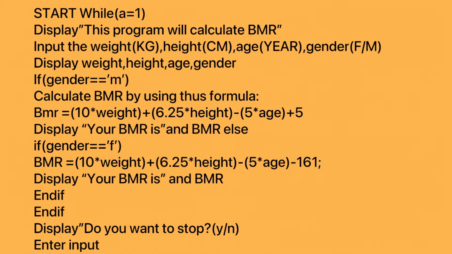Or if the user chose female, then it will compute 10 times weight plus 6.25 times height minus 5 multiplied with age minus 161. Then it will display "Your BMR is" and the calculated BMR.